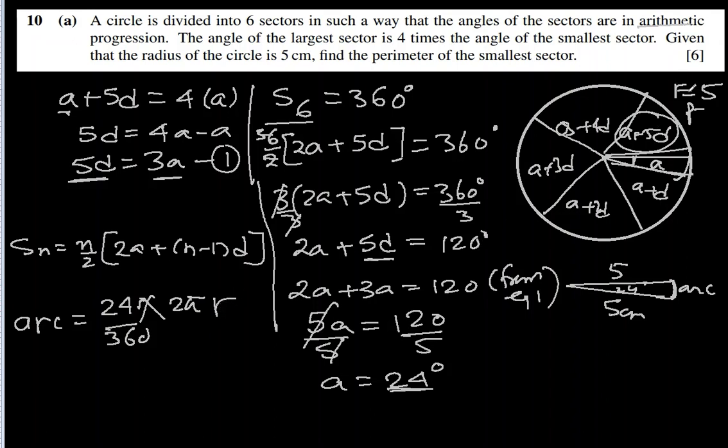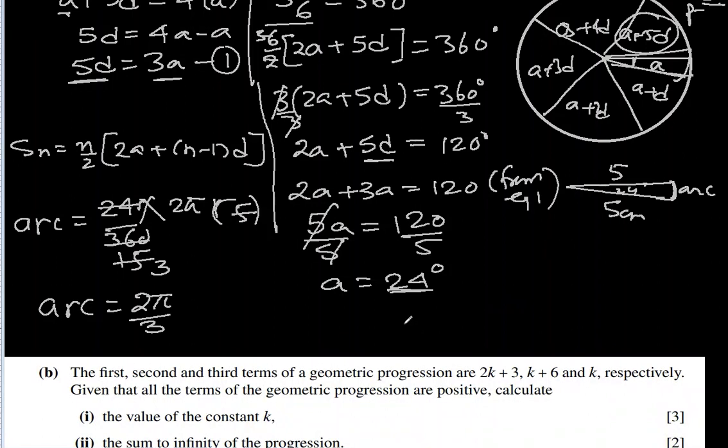R is 5. They've given R is 5 centimeters, right? So in place of R, we'll write 5 centimeters here. So 24 times 15, 5 times 3. So the arc comes out to be 2 pi over 3. Now we will write the perimeter, because we know this one.